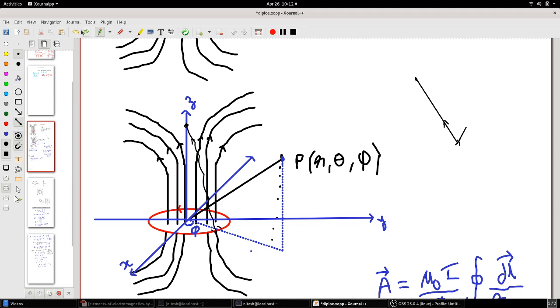That's your cross product. So what you would have got is the magnetic field in this direction, something like that. But there is a symmetry here. That is why the rho component gets cancelled, and you only get the z component, the vertical component.